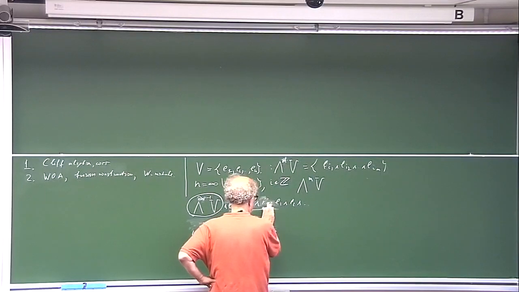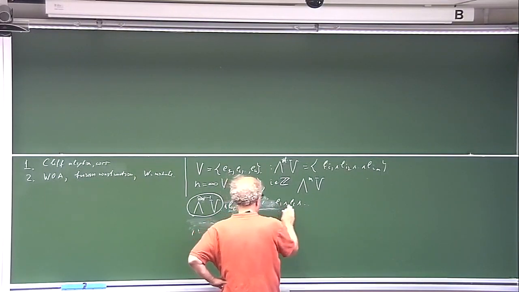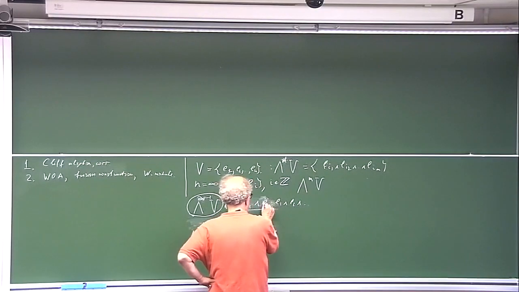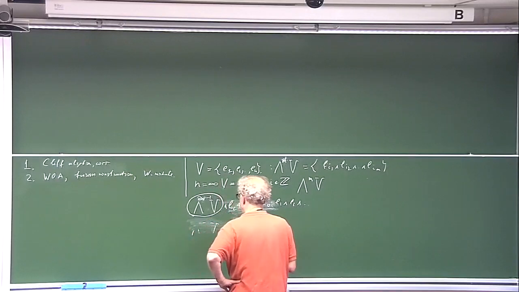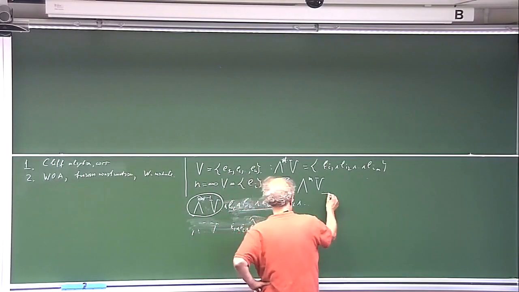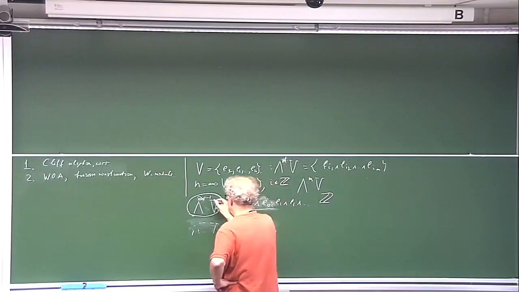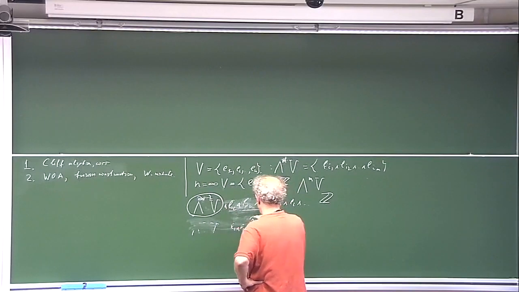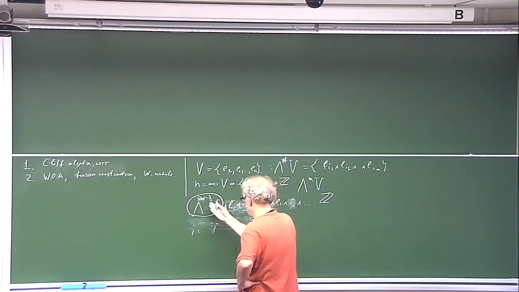For example, this, and it can be an element of that kind. Or I can erase, for example, this. It also will be an element here. And so this space has a basis labeled by Z. And if I want to put 2 here, it is possible in this expression to erase 2 things. For example, this and that, and also with some elements there.